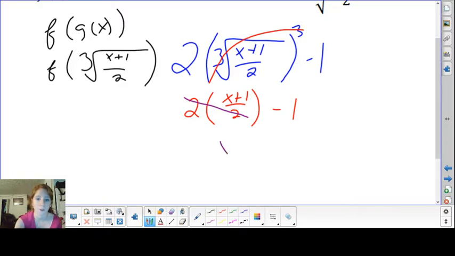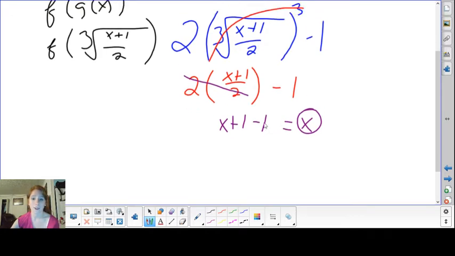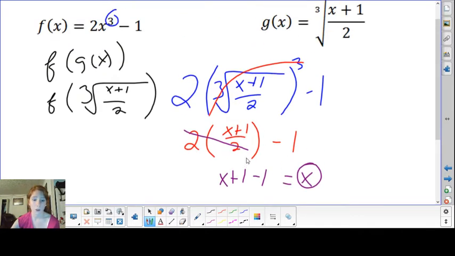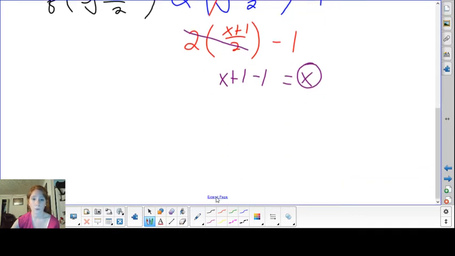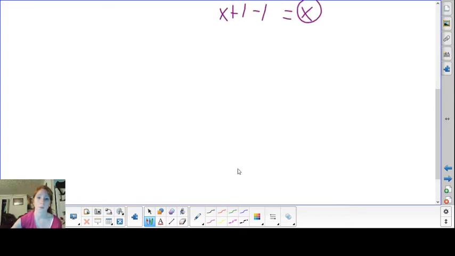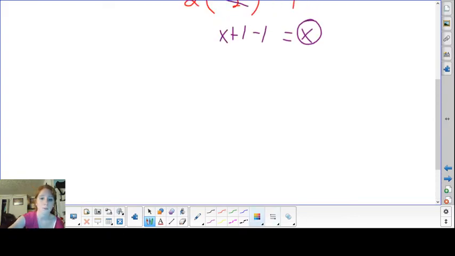So then I'm left with x plus 1 minus 1, which is simply equal to x. So I can see that it does work the first way. Woohoo! But what about going backwards? What about my g of f of x?